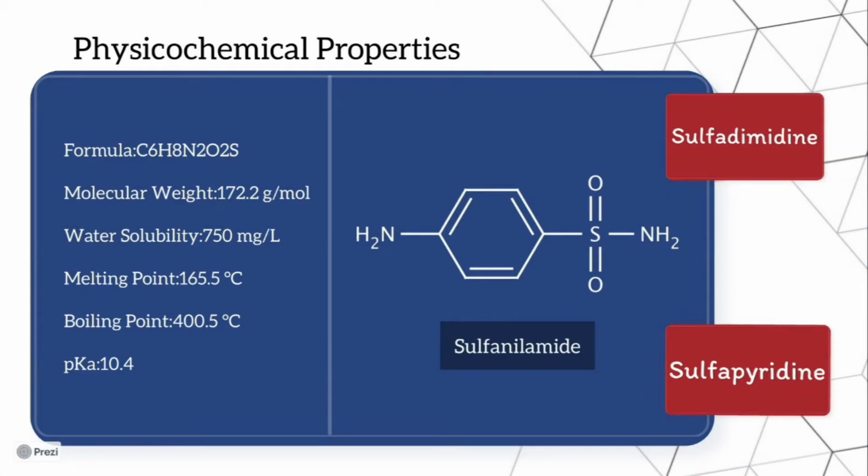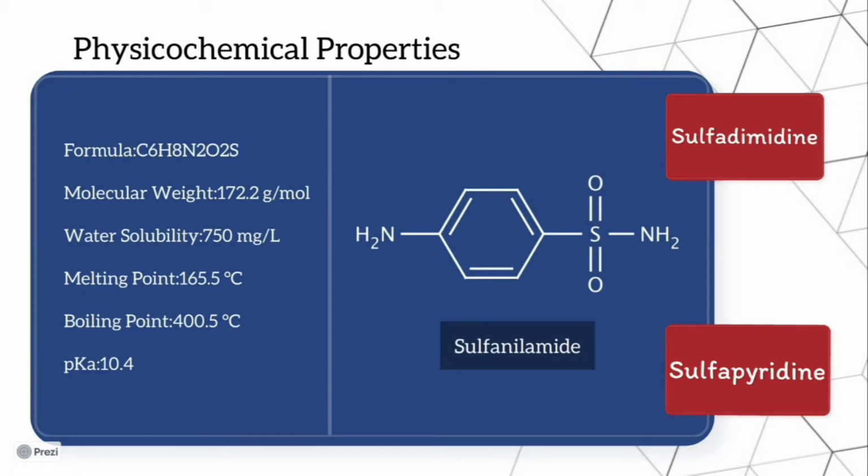As for the physicochemical properties of sulfonamides, we see that all sulfonamides share the same core structure, but differ in the side moiety. The differences in the side moieties give rise to a large number of compounds, which may exhibit the same properties, but at different levels.